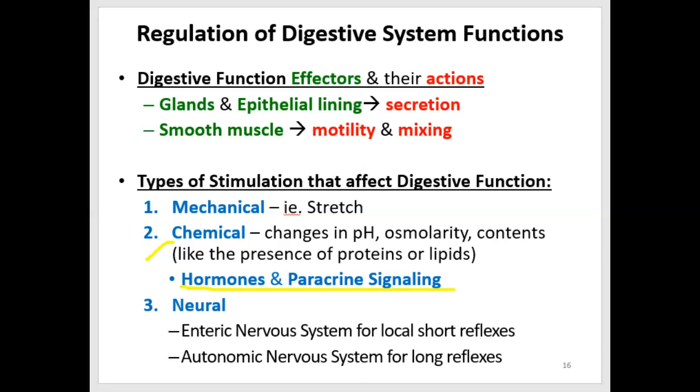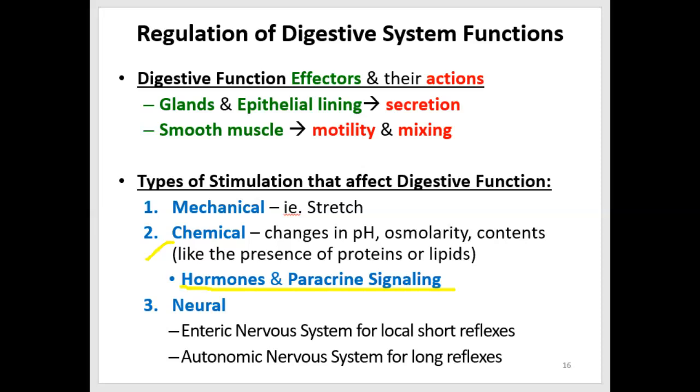And an example of how hormones can regulate digestive function would be that the epithelial cells in the stomach and small intestine, some of the epithelial cells can secrete hormones in response to certain nutrients.